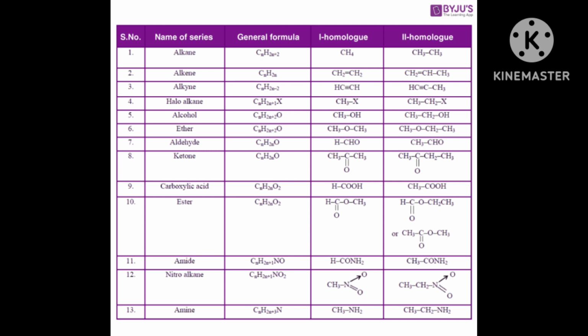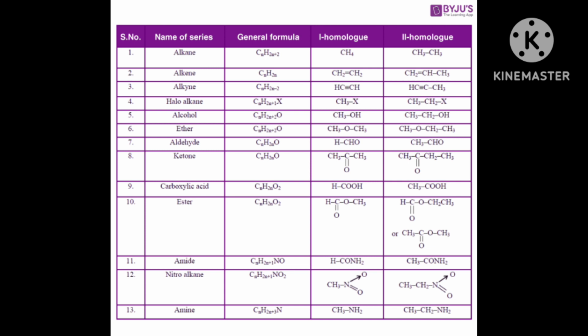R means alkyl group, maybe CH3, maybe C2H5, methyl group, ethyl group, propyl group. Then RCOOR. If R is not there, only COOR, that will be called the ester group.